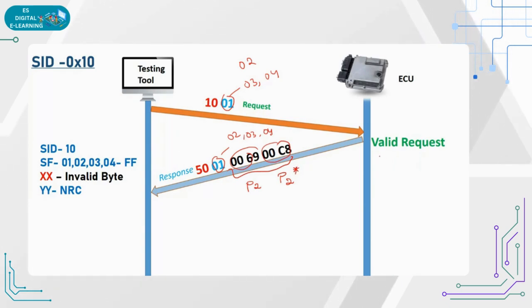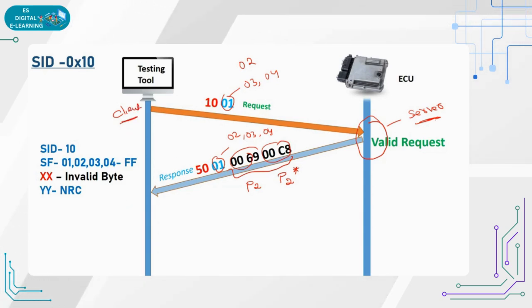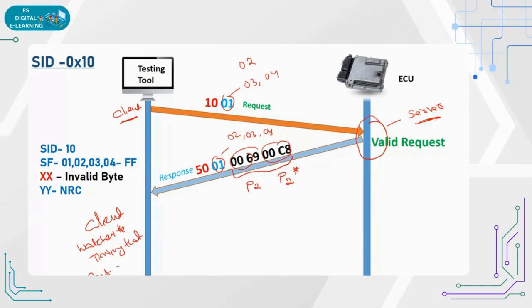You are able to see the response we are getting from the server side. Here this will be the client. The client is watching the timing that is sent by the server, because the server is the one who knows what time it needs to reply with the data.